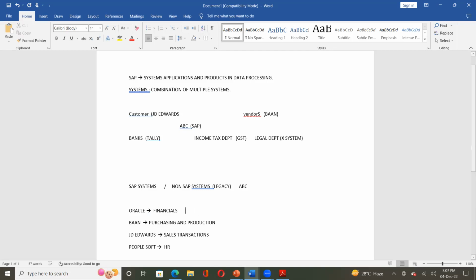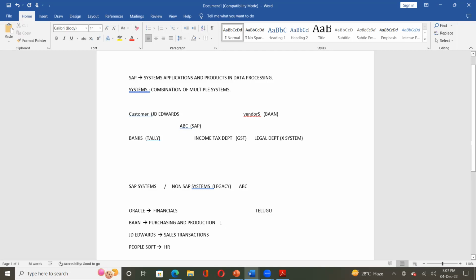For example, in the same ABC organization, I will take one example. There are different departments. In the finance department, there is a guy who speaks only Telugu. He doesn't know any other language.